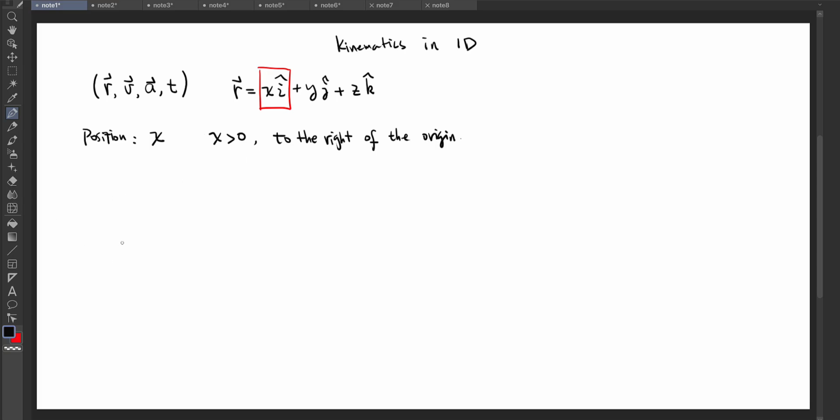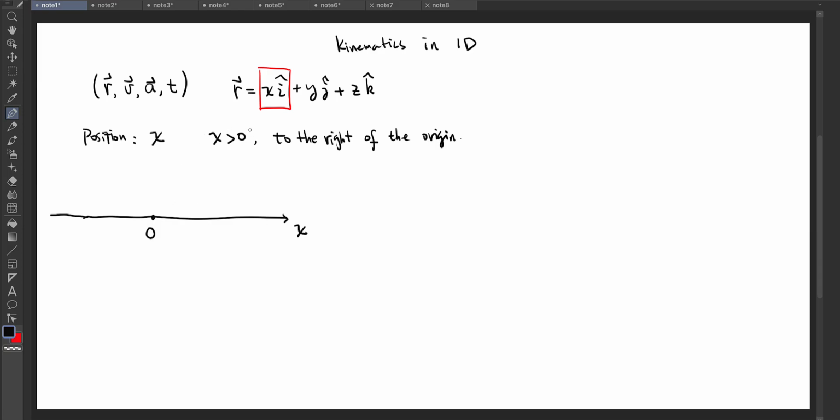Now here's the picture. Let's say I have a one-dimensional space, meaning the object only lives in this line. It can only go back and forth along this straight line. And the origin O is here.